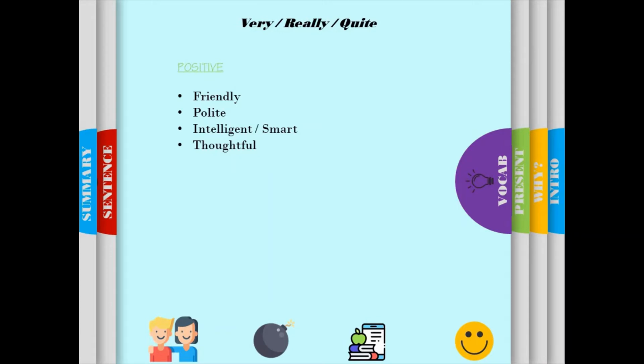So here we have four adjectives. First one is friendly. Second one is polite. The third one, of course, we have two different ways to say this, but they have the same meaning. We can say intelligent, or we can also say smart. And the last one for the positive category, thoughtful.